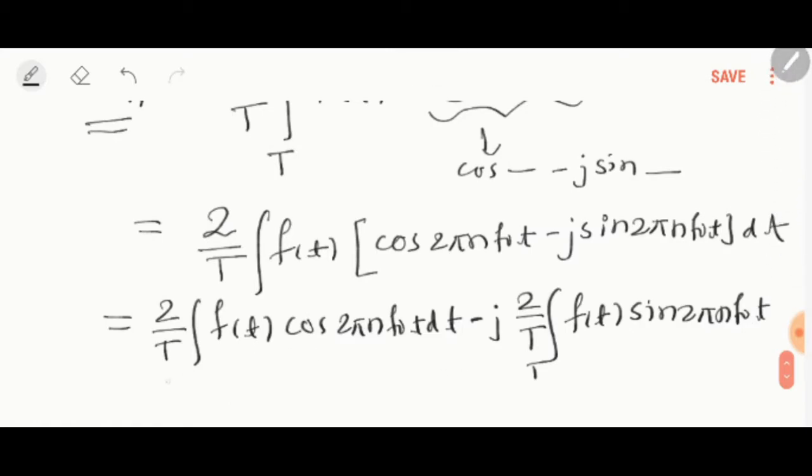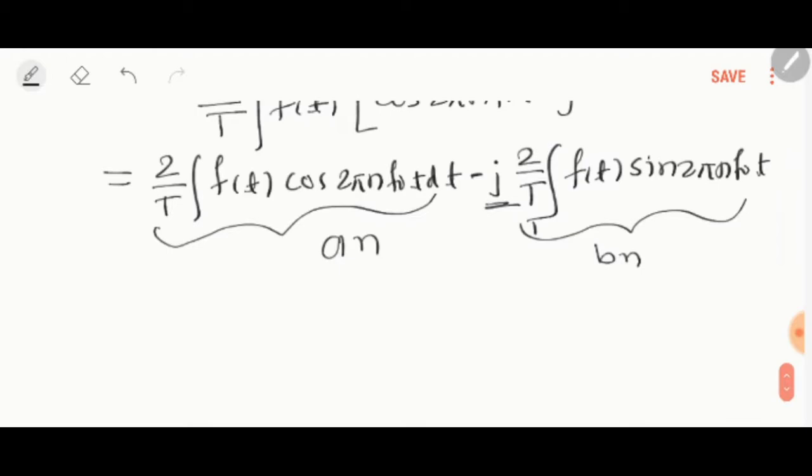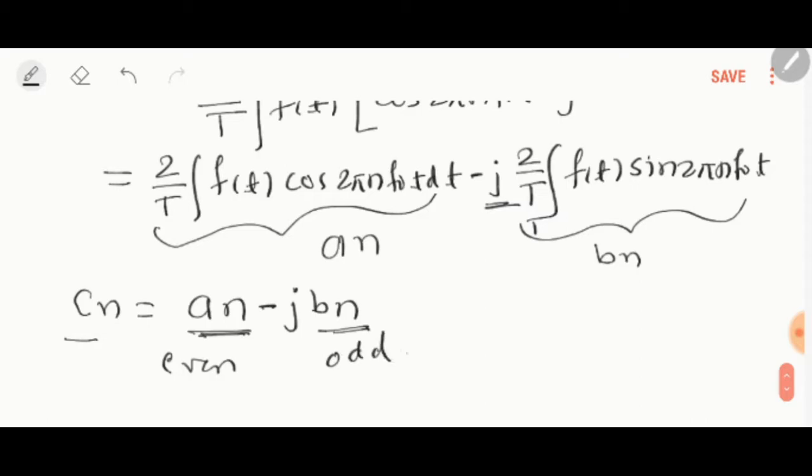If you observe, this is nothing but an, and this term is nothing but bn. Of course j will be there. So the conclusion is cn is the combination of an and bn, like an minus j bn. One advantage we have with cn is that an represents the even components and bn the odd components.